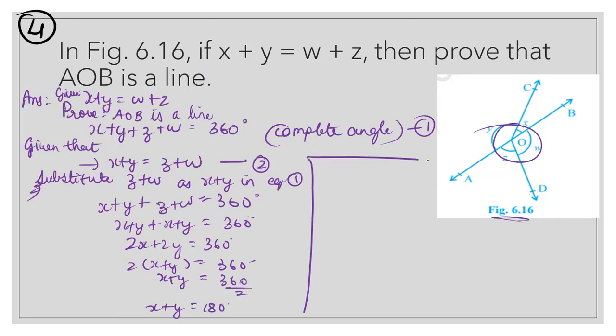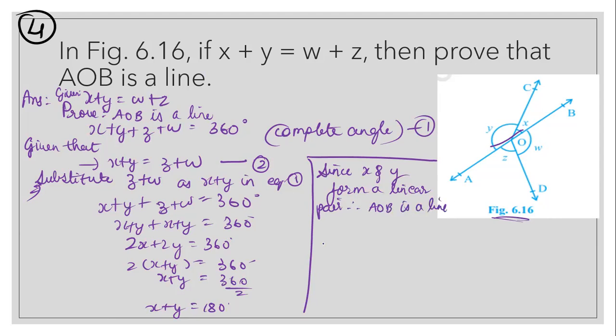So now next is, we proved that x plus y is equal to 180 degrees. Now since x and y form a linear pair, therefore AOB is a line.